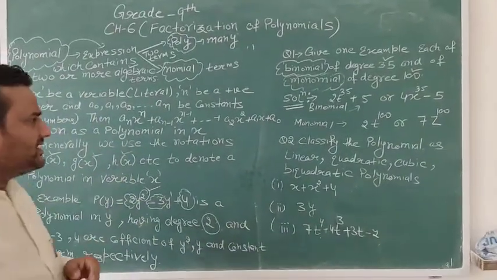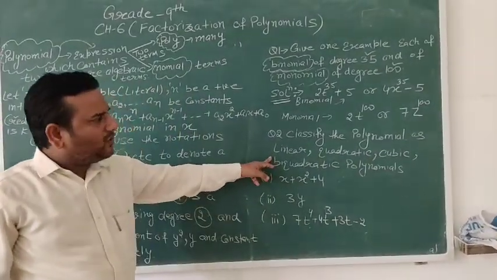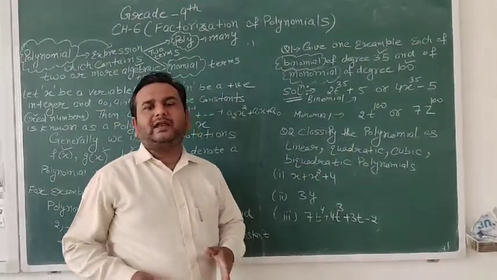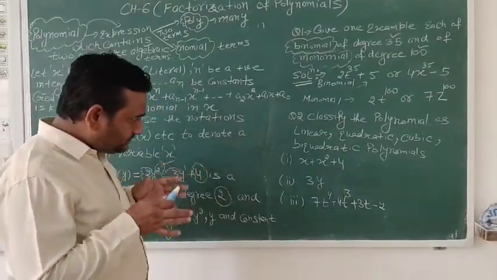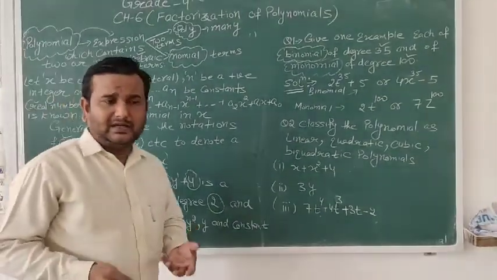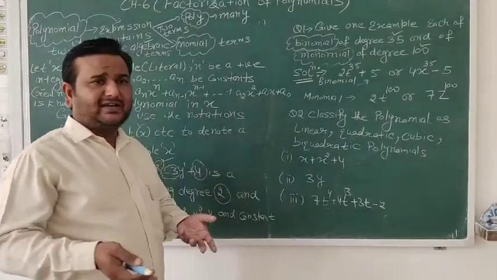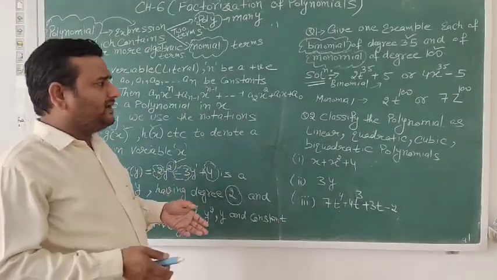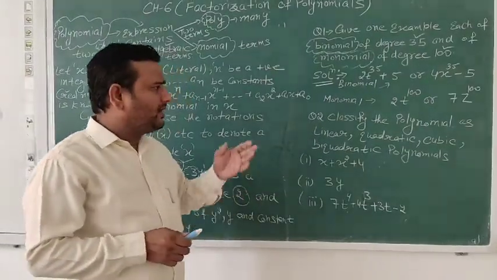Next question is, guys, classify the polynomials as linear, quadratic, cubic as well as biquadratic polynomial. First of all, it is also necessary to understand what you mean by linear polynomial. A linear polynomial is one having highest degree 1. A polynomial having highest degree 2 is said to be a quadratic polynomial.